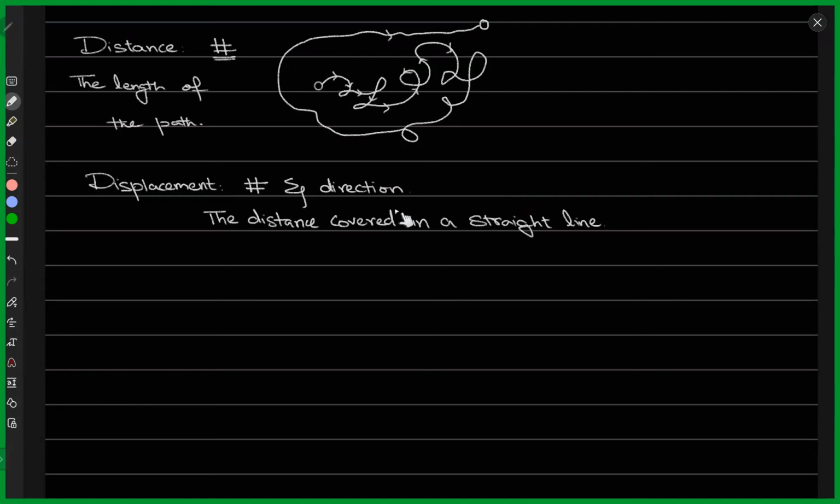This statement really says it all, but if you want, you can also specify it as in a specified direction. So for example, let's consider the same thing. This particle started from this point A and ended its journey at point B. Now, this was a very weird path that could have been taken to reach the point B. However, you could have just made your life very easy by going directly from A to B like this.